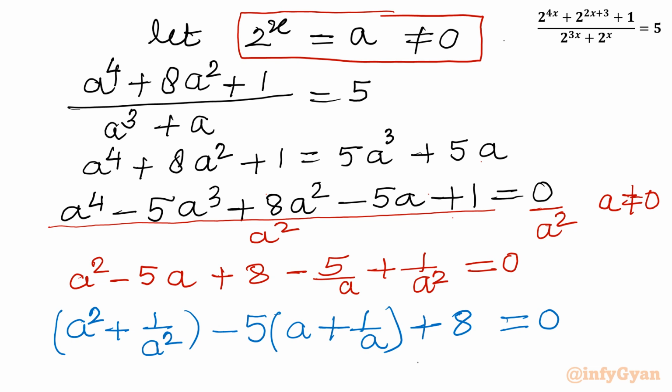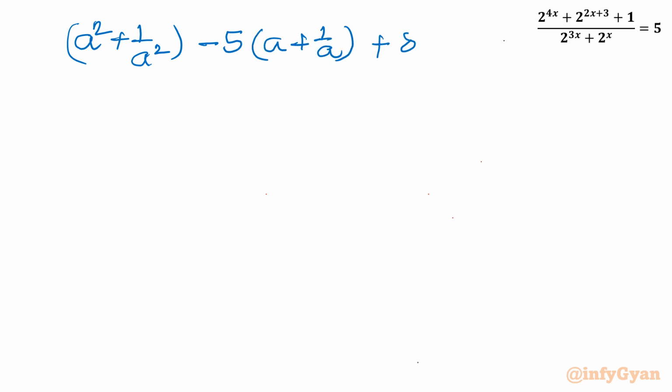Now straight away another substitution is coming. Let's rewrite this equation first: a^2 + 1/a^2, then minus 5 times (a + 1/a), plus 8 equal to 0. Let's consider our substitution.